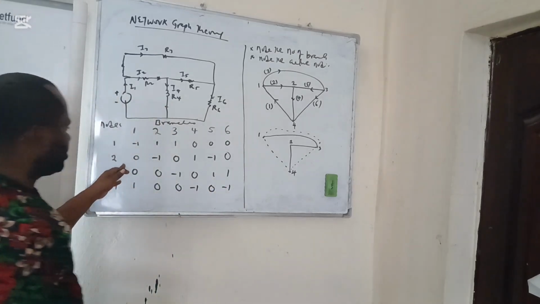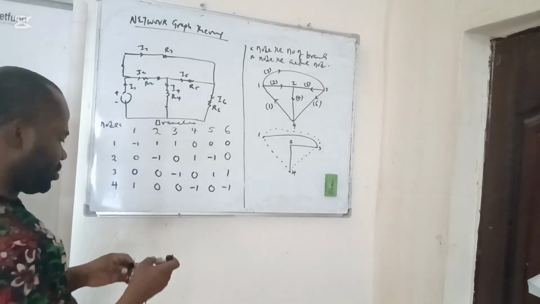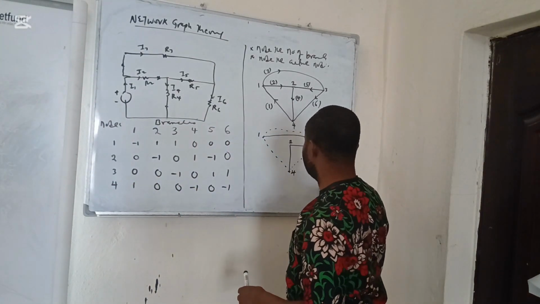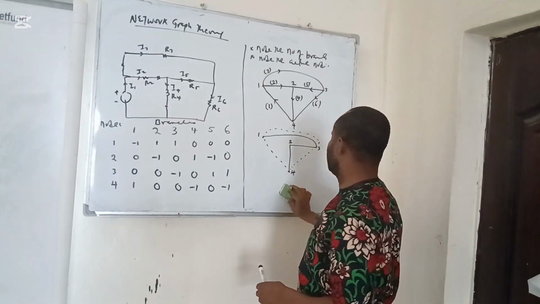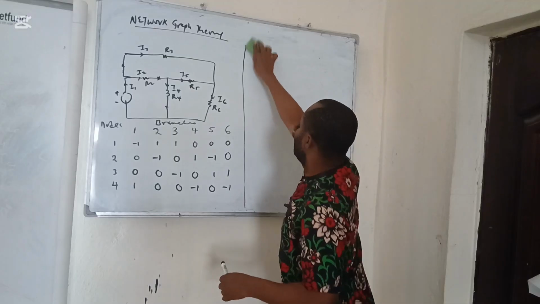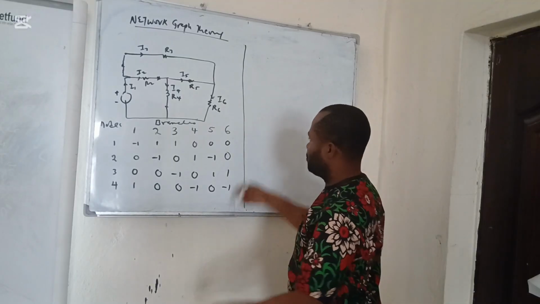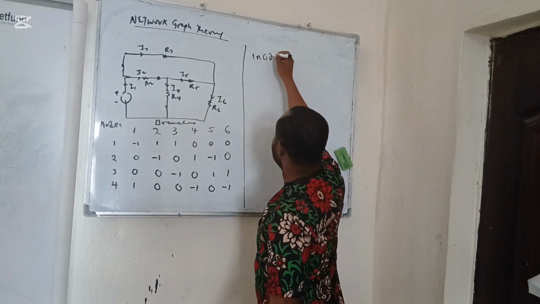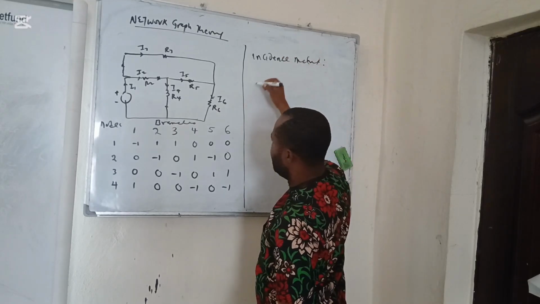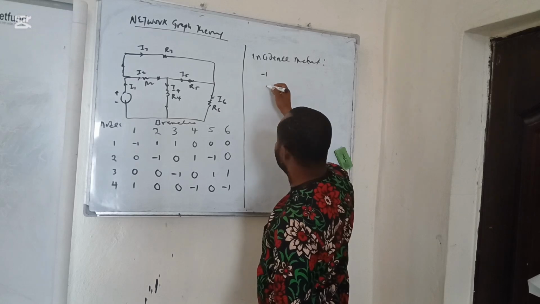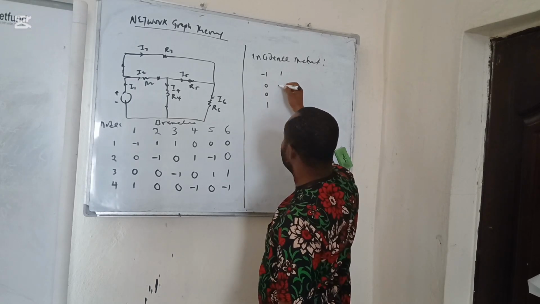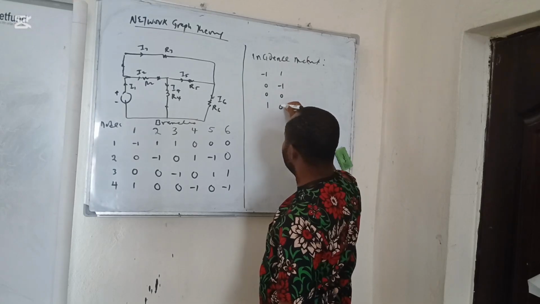So this is what we call the incident matrix of this graph. So let's write it out. The incident matrix of this. We have 0, 0, 1. We have 1, -1, 0, 0.